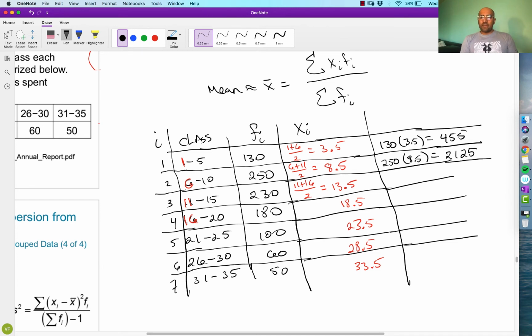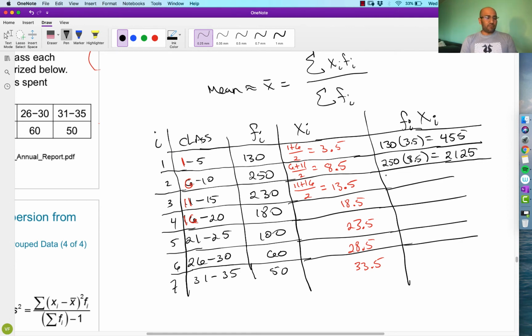So again, that means that 2,125 is my best guess for the sum total of hours spent by these 250 people, where I'm guessing that each one of them studied about 8.5 hours in a week. Right, and 8.5 being the midpoint there. Some people said 6, some people said 10. We're just kind of saying 8.5 is a pretty good guess. Okay, and we keep going just like this. This new column here is going to be the product of these two.